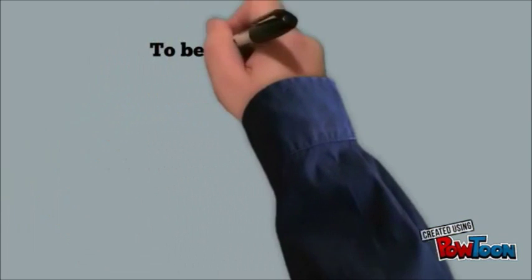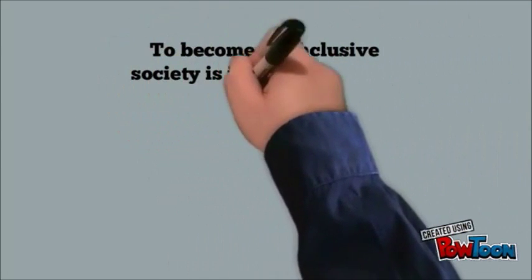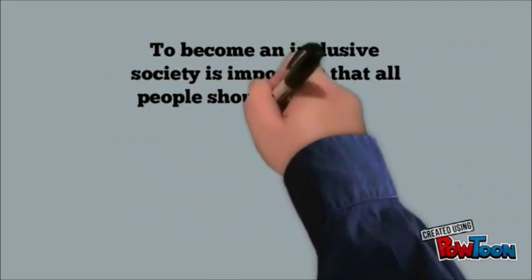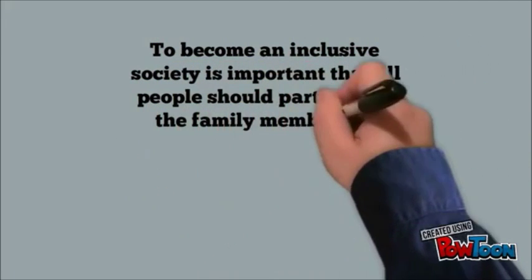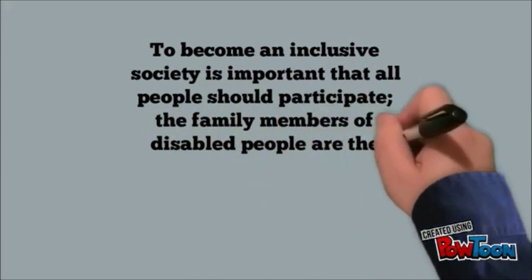To become an inclusive society, it is important that all people participate. The family members of disabled people are the most important in this process because they are the support of the student with special needs.